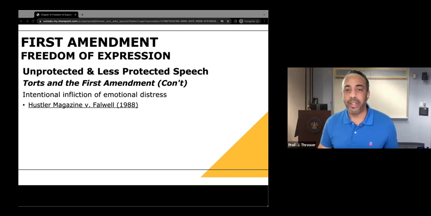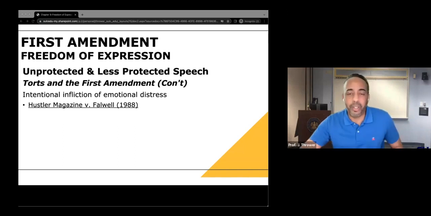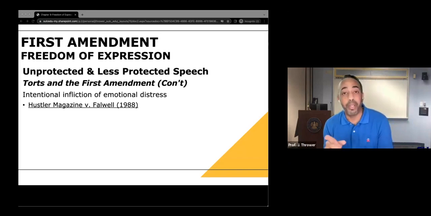The magazine noted that it was parody, right? They were essentially making fun of Mr. Falwell. Nevertheless, Falwell sued for defamation and for intentional infliction of emotional distress. The Court of Appeal in that case ruled against Falwell on the defamation claim because he was a public figure, right?